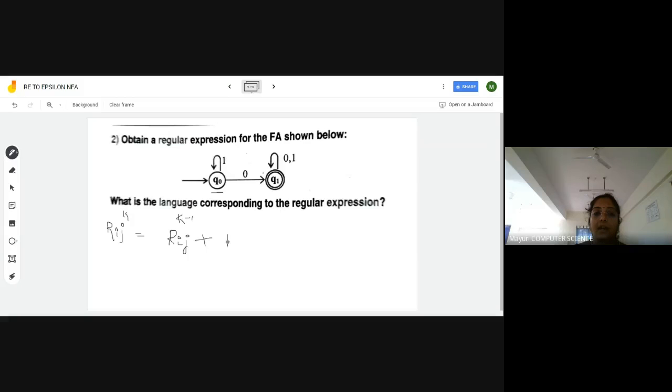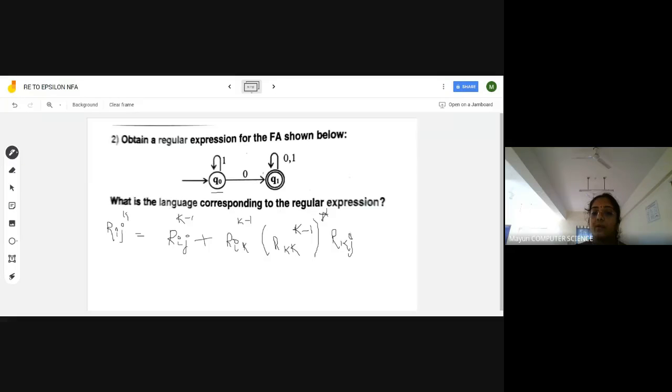If you go through k, first you have to travel from i to k through k minus 1, into R_kk power k minus 1, the self state, the whole star, and then from k to j.